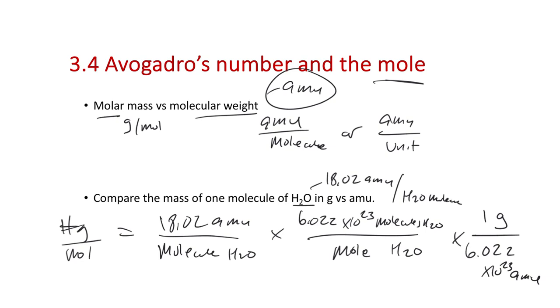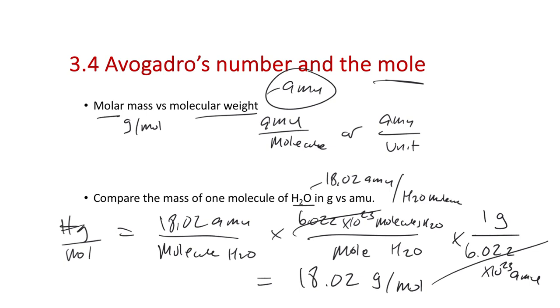So we do 18.02 AMU per molecule, convert to moles by multiplying by Avogadro's number, convert to grams by dividing by Avogadro's number. So 18.02 AMU is the mass of 1 molecule of water, and it's also the molar mass, 18.02 grams per mole. A mole of water, 18.02 grams; a molecule of water, 18.02 AMU.